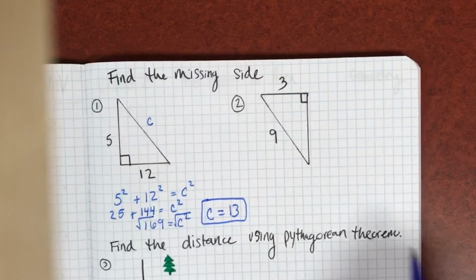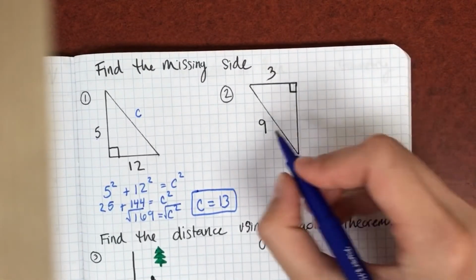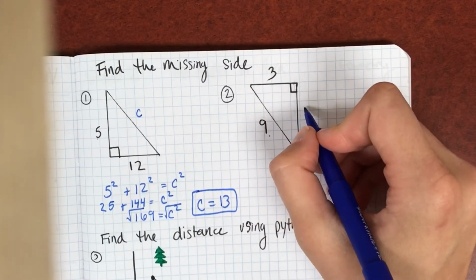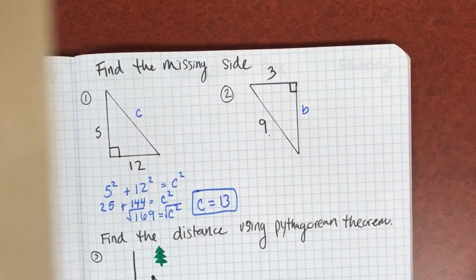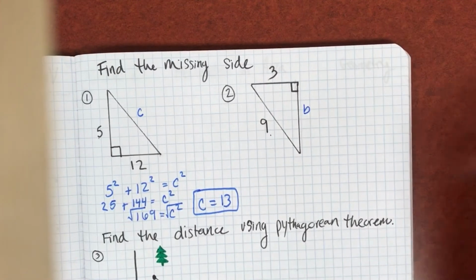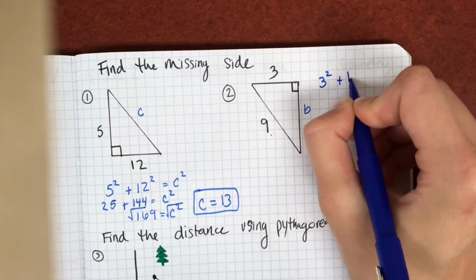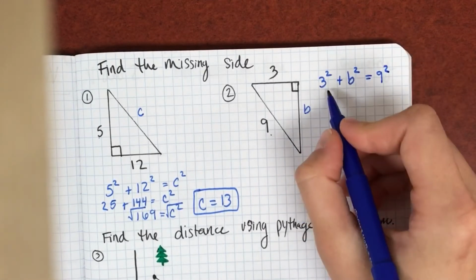All right, okay, moving on. Our next example, this is our C value here. We've got a leg and we need to find another leg, so let's just call this B. Okay, if you want to say X, you can do whatever you want. All right, so let's start. We've got 3 squared plus B squared equals 9 squared.